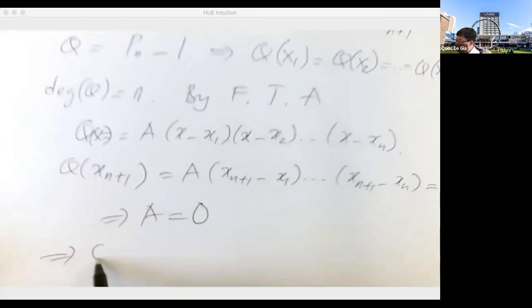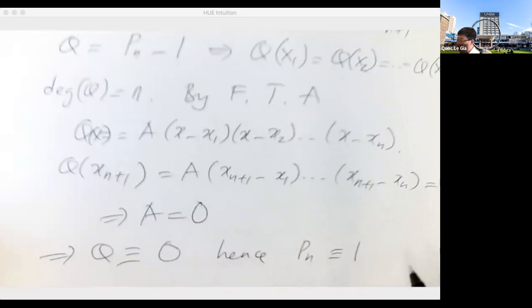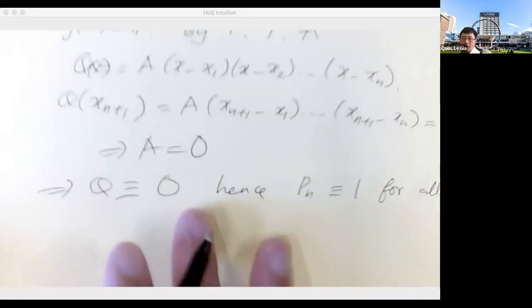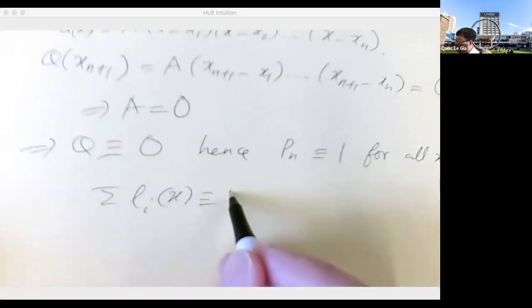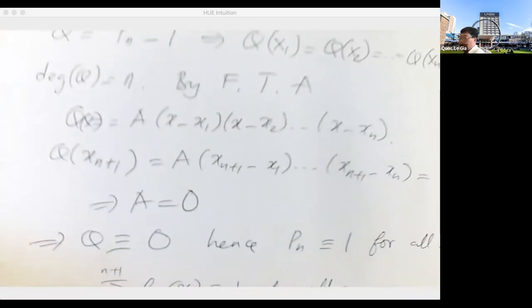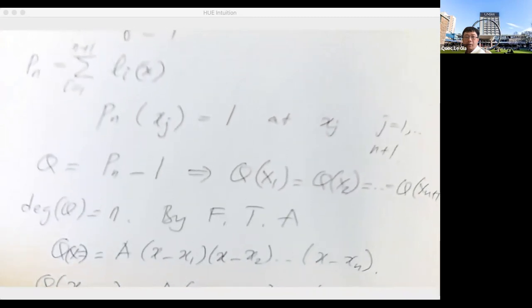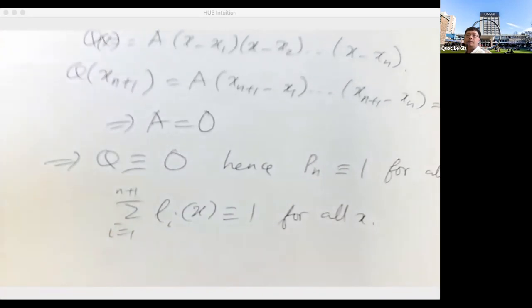It implies that q equals 0 everywhere, and hence Pn equals 1 for all x. Therefore the sum of Li x equals 1 for all x. So that is the proof of why the sum of li has to be equal to 1 for all x.